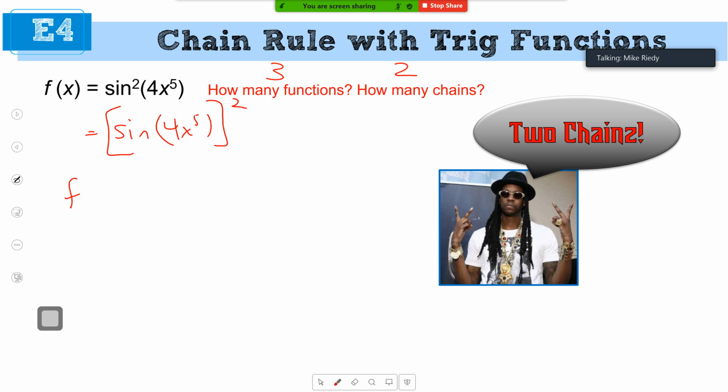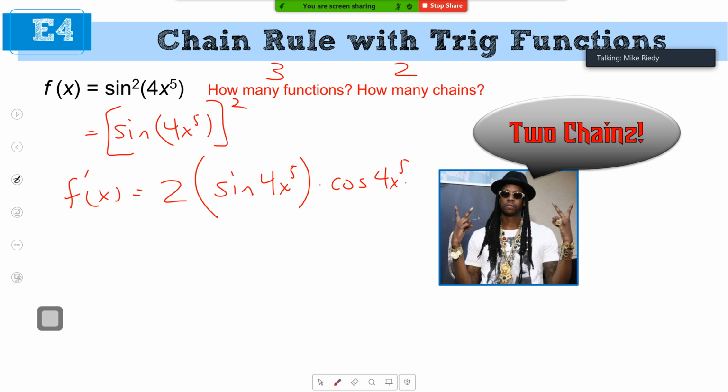Let's take the derivative. Derivative of the outside. Forget about the stuff inside. Taking the derivative of anything to the 2nd power is this, times that mess inside, which we'll come back to in a second. Reduce the power by 1. We get that, times the derivative of the next layer of the onion, which the derivative of sine is cosine. That's my first chain.